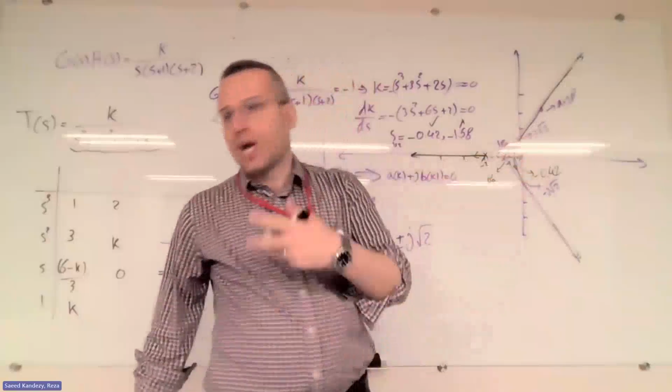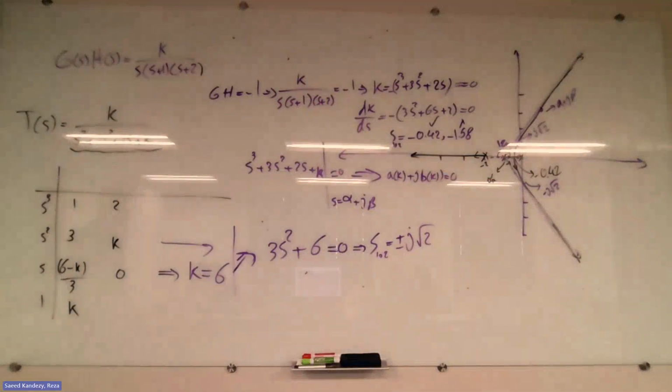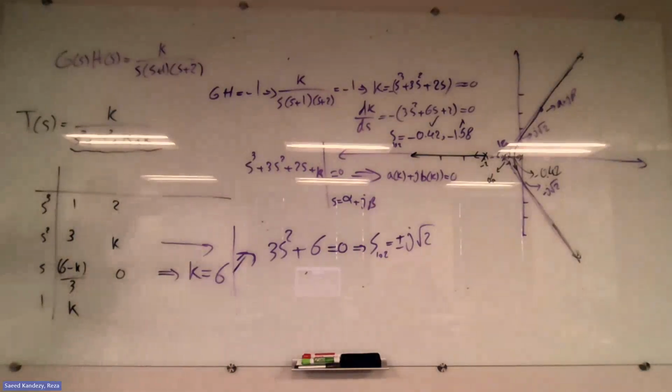It is obvious here, but if you have a more complex situation, you can use either one of these conditions to find out where you end up in stability and where you end up in instability.